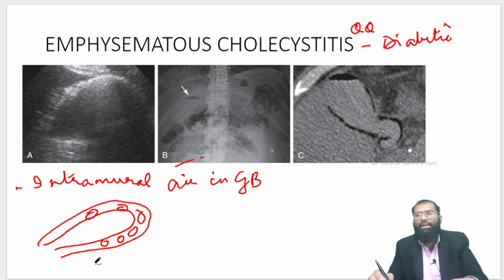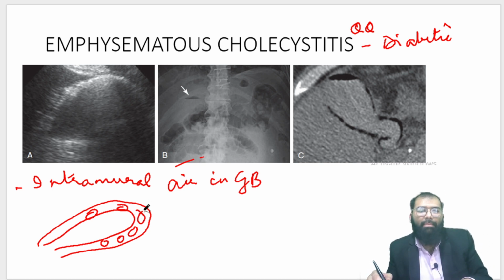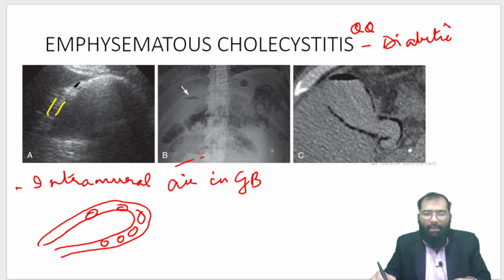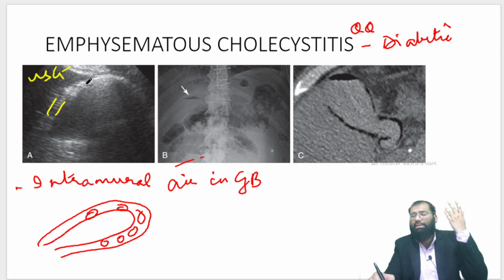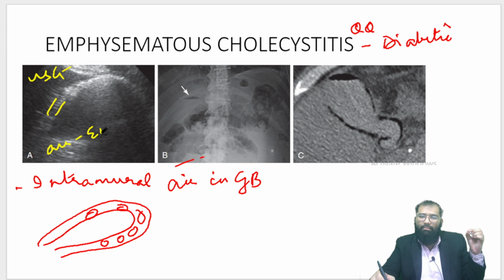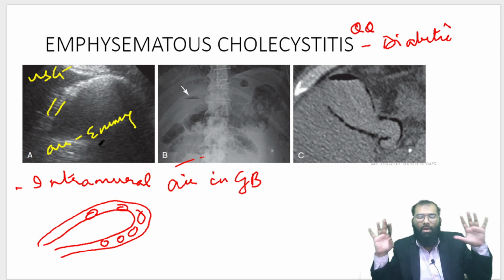Okay. So now let us identify the investigations and let us see how this appears on various investigations. Look here, this is USG image. You're not able to see the GB well. So remember, air is the enemy of ultrasound. Whenever there is a lot of air, you won't be able to see things well on ultrasound.